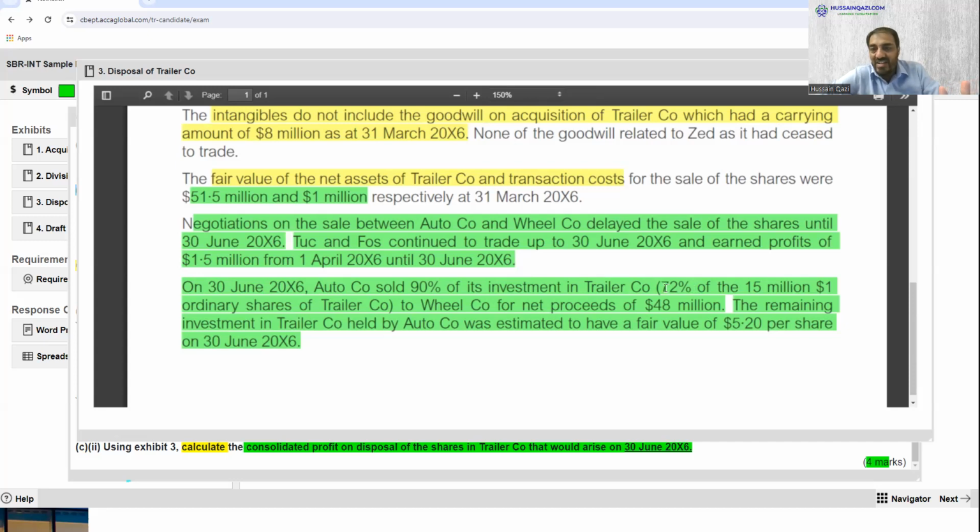That means 72% of 15 million ordinary shares of Trailer have been sold to Wheel company, receiving 48 million. Remaining investment held by Auto has estimated fair value 5.2 per share on 30th June X6. So we will calculate the gain or loss on disposal in a very structured way.